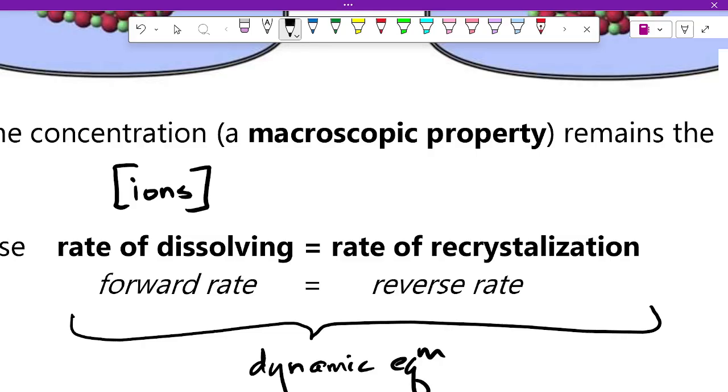And what's happening to the concentration of the ions? What's happening to it? Depends what the stress is. No, I've just dissolved some, I've stirred it, and now it's just sitting there in a dynamic equilibrium. Yeah, the concentration of the ions remains constant.